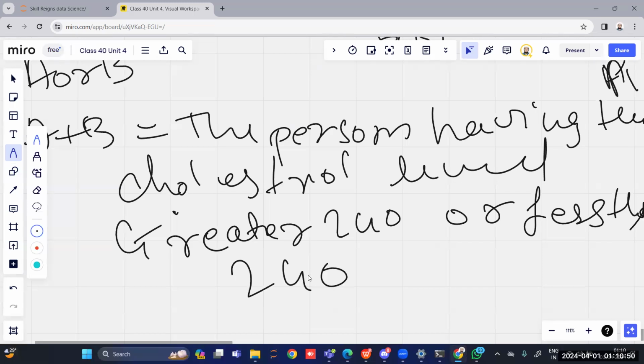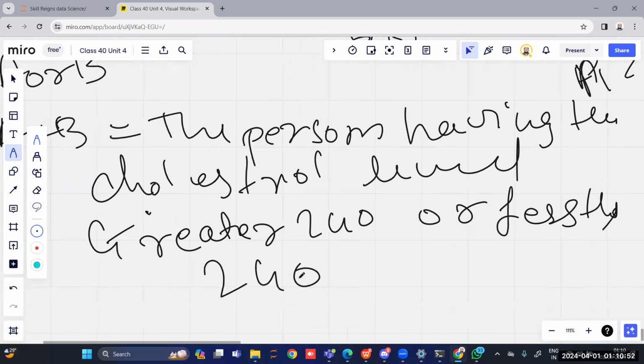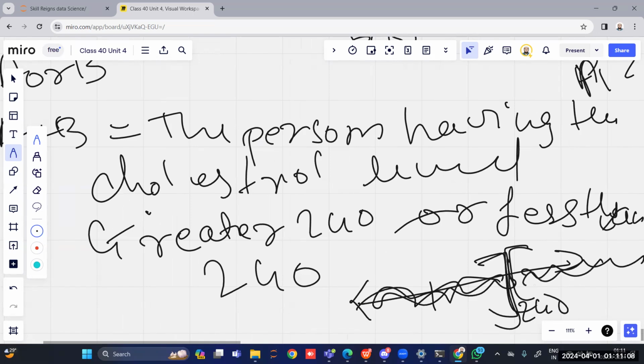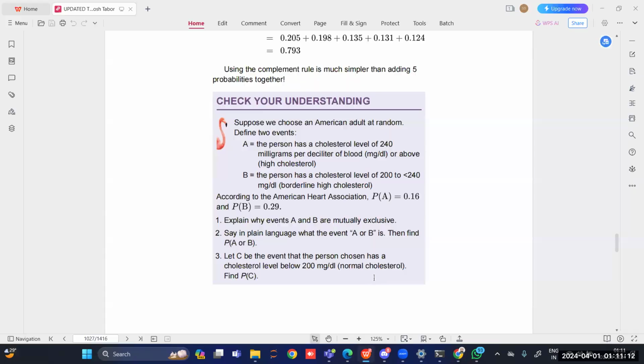Yes or no? It is A or B or not? In the simple language, correct? Got that, Zaid? Greater than 240 means here, or less than 240 means here. It is A or B. No one thing is common. Correct? Yes or no?